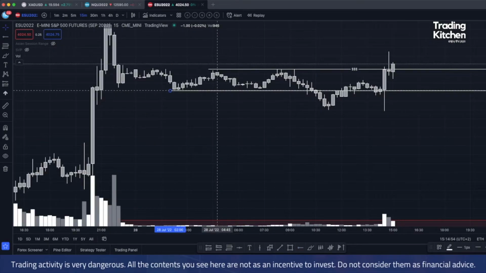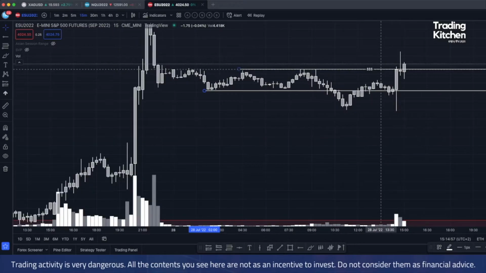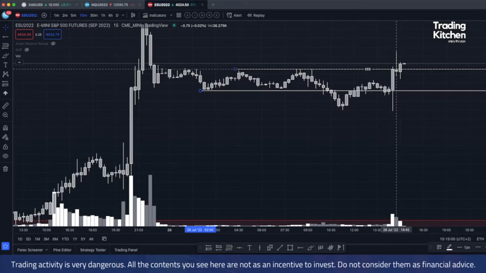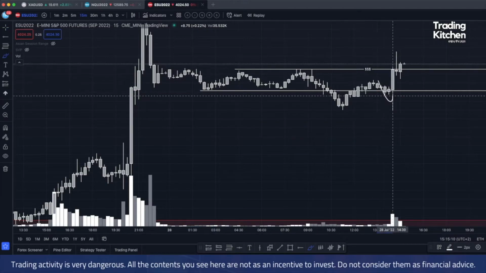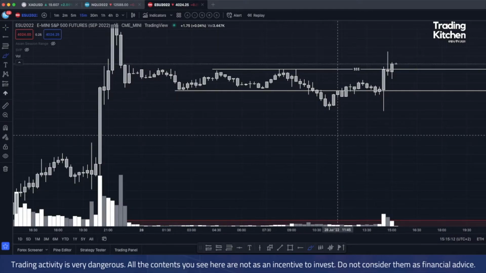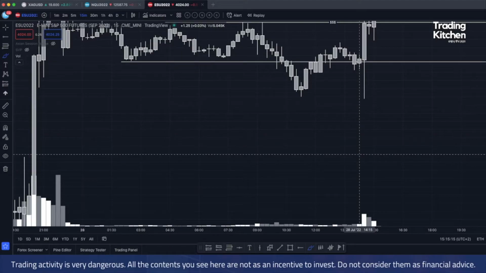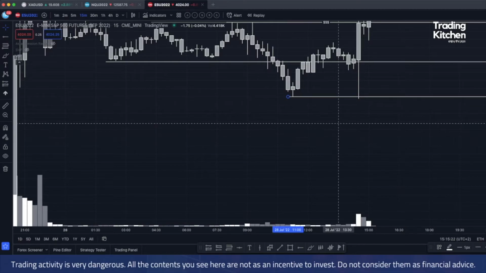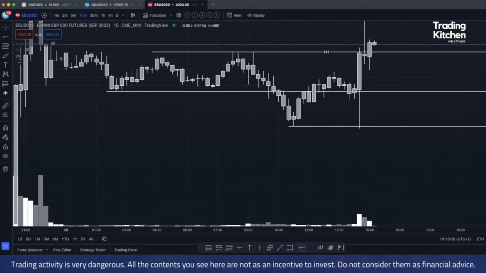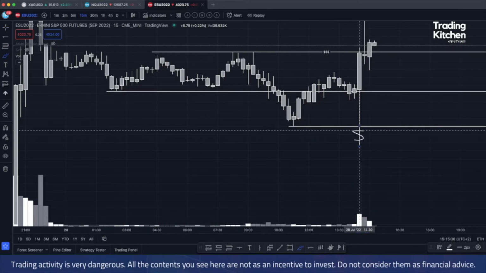Okay. In fact, as you can see, price during the US opening today broke out here and then went up. And as you can see, a long tail after a strong movement, so probably here there is liquidity. They got the liquidity here during the US opening, okay, and then moved up.